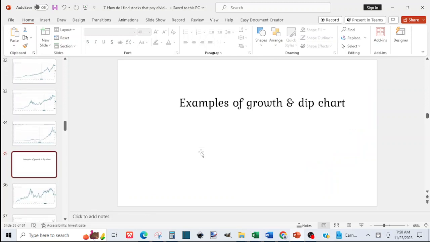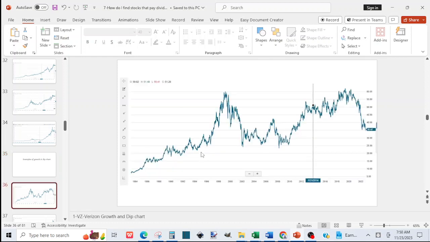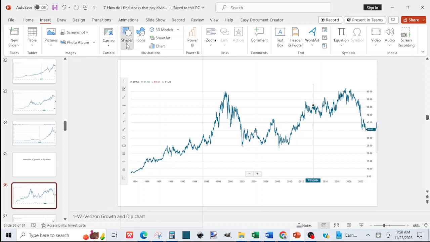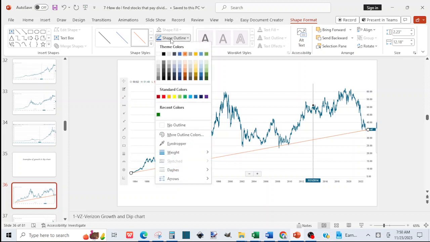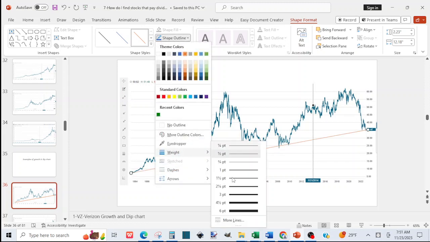And now let's see some examples of growth and dip charts. This one is Verizon. So you can see the growth. We still have growth to it. And when you are analyzing the chart, you want to look at the price that it was selling at when it went public, and the price it is selling at now, and you want to see that oblique shape if you were to draw an arrow to reach those two points.